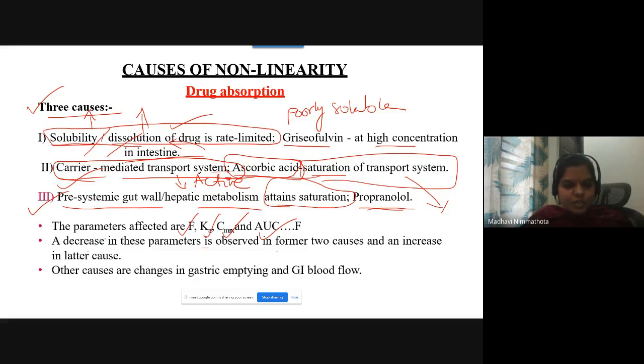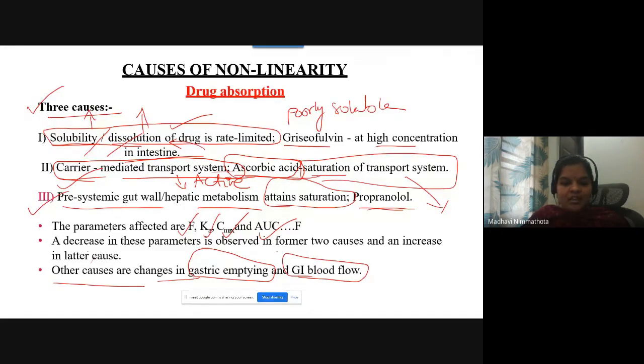So based on these parameters, we will say that these drugs follow some non-linearity based on the deviations we observed under drug absorption. And the other cause of this non-linearity is changes in gastric emptying and also GI blood flow.